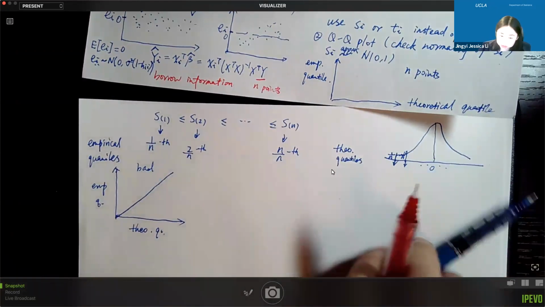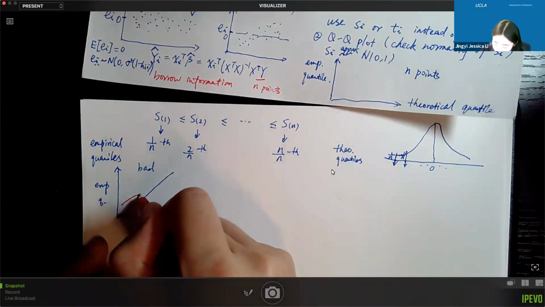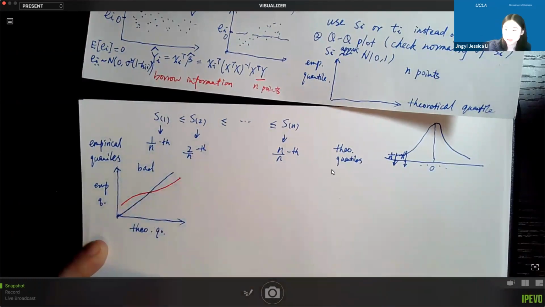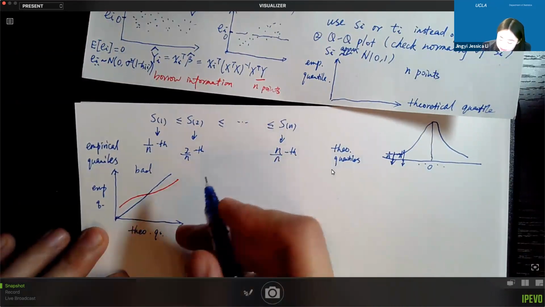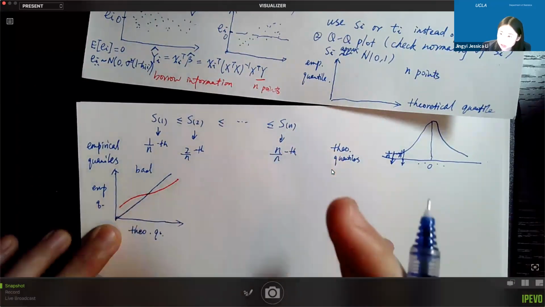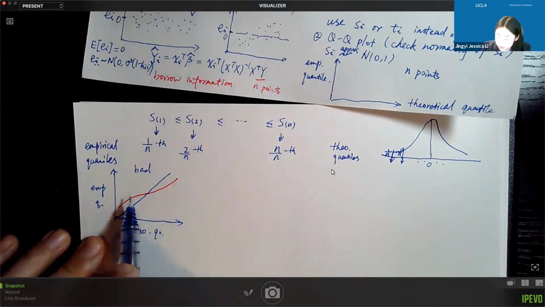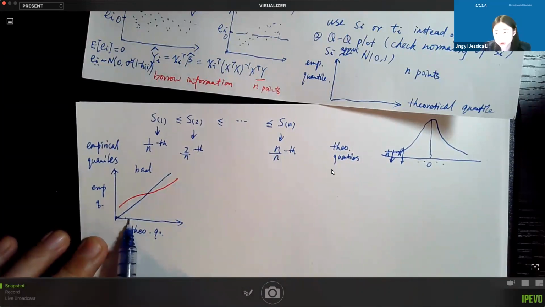But what if you observe that the QQ plot looks like this? Then how do we interpret this? What this implies is that when the quantile is small, which tells us we are on the very left end of the distribution, the empirical quantile is larger than the theoretical quantile.